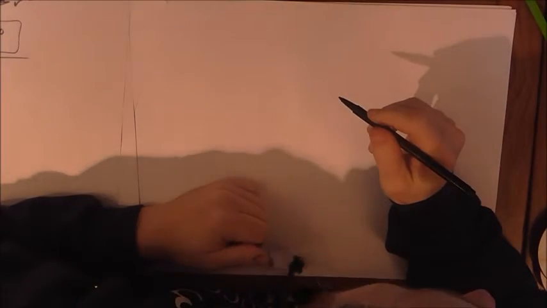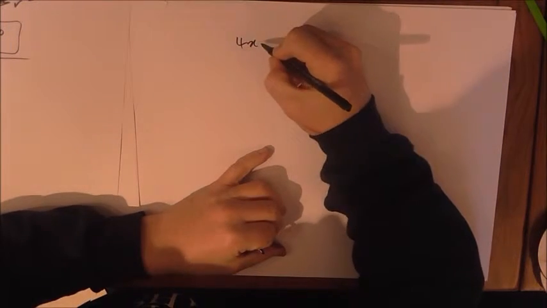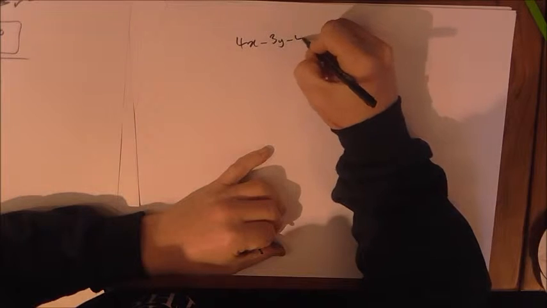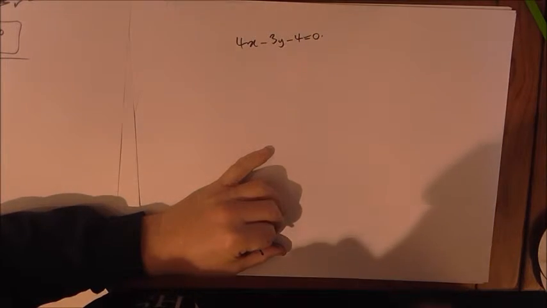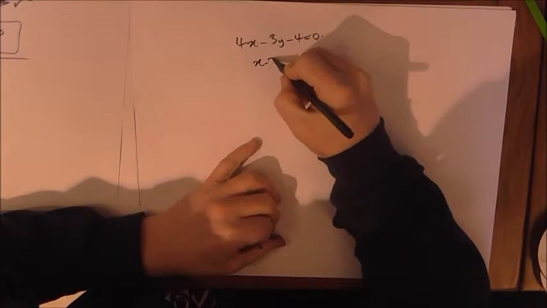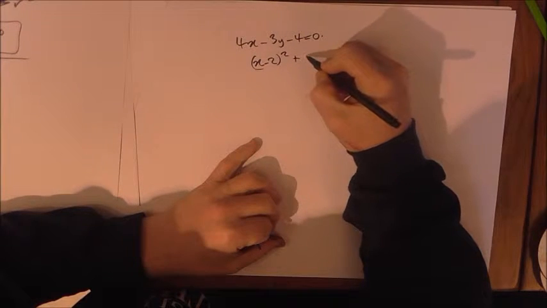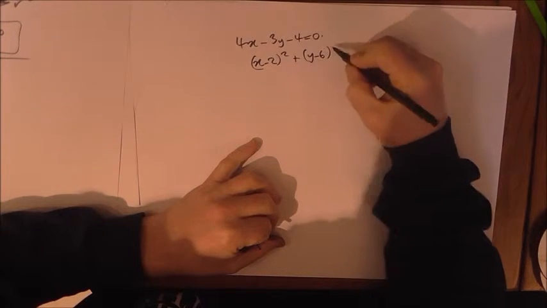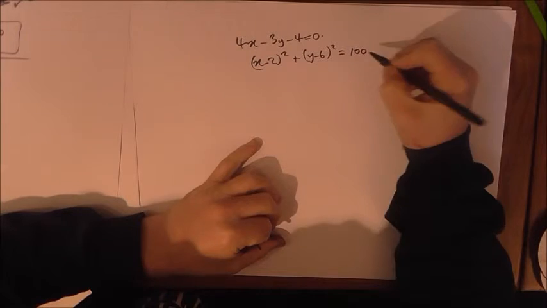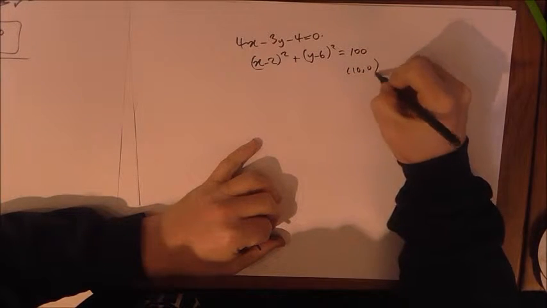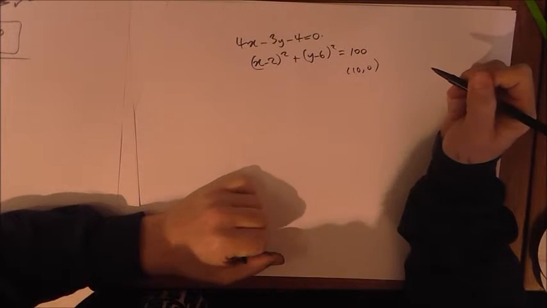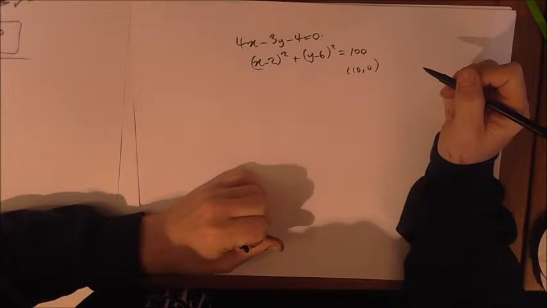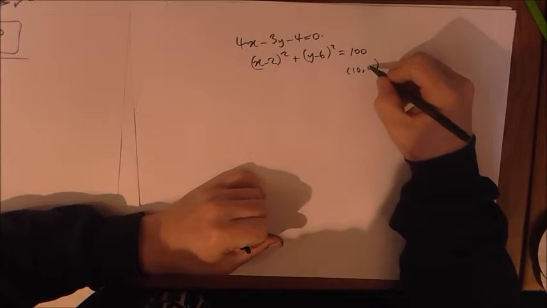Example number 14, we're told that 4x minus 3y minus 40 equals 0 touches the circle with this equation at just one point, which means it must be a tangent. Show that the radius at P is perpendicular to the line.